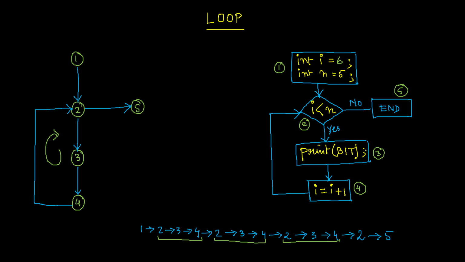No. The reason is that when I is lesser than n, even for once, if it is false, then it will come to the end part, and there is no way to come back to the main part of the loop from node 5, right?